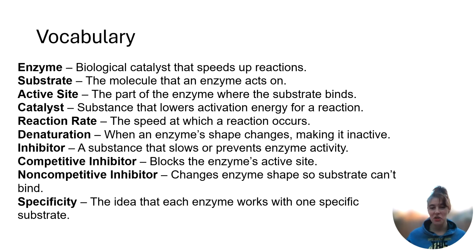They do not just partner with anybody. So we need to know enzymes, the biological catalyst that speeds up the reaction, the protein, but the enzyme only works with the substrate, and that's the molecule that an enzyme acts on. The active site is the part of the enzyme where the substrate binds to it.